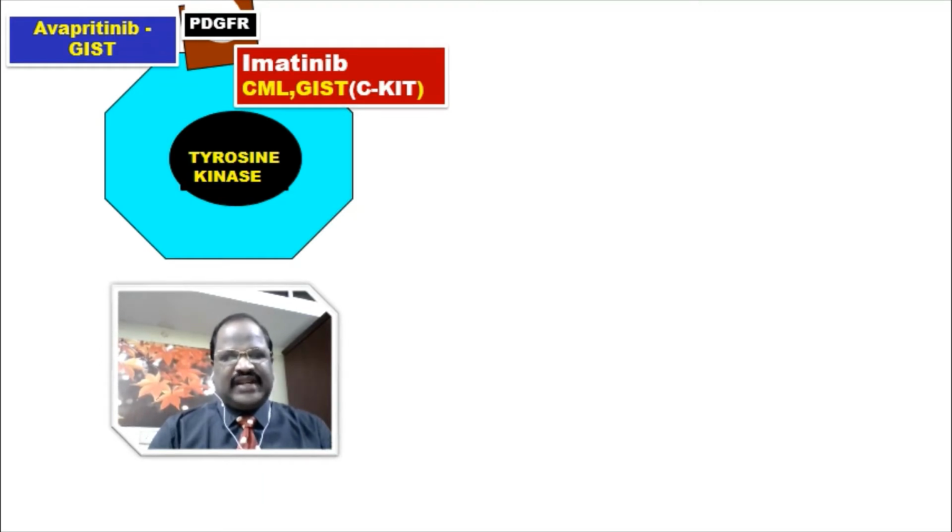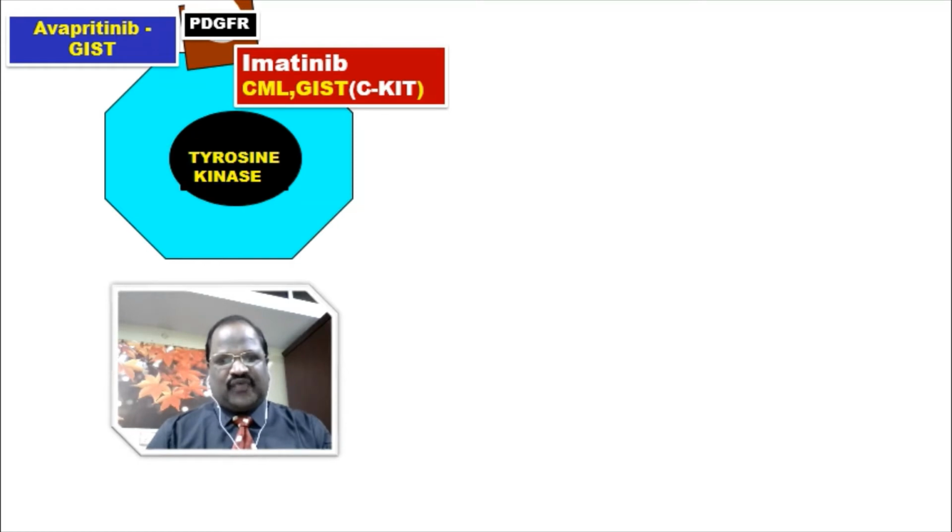Both are PDGFR blocking tyrosine kinase enzyme inhibitors. Here imatinib, a wonderful drug, is useful for treatment of chronic myeloid leukemia, and it's also useful for GIST. Similarly, avapritinib, a newer tyrosine kinase inhibitor, is useful for GIST.